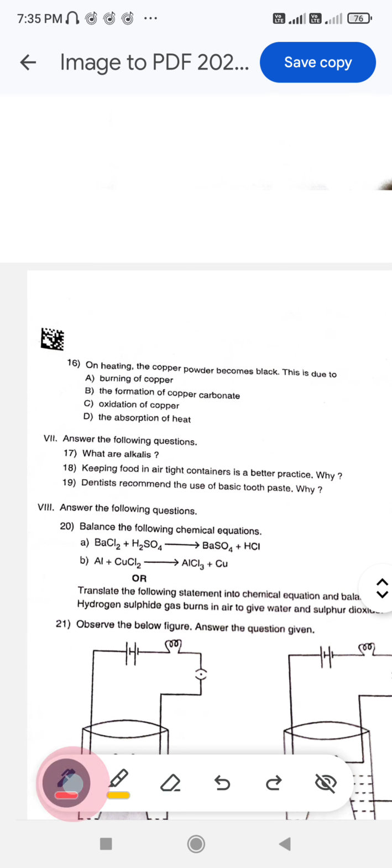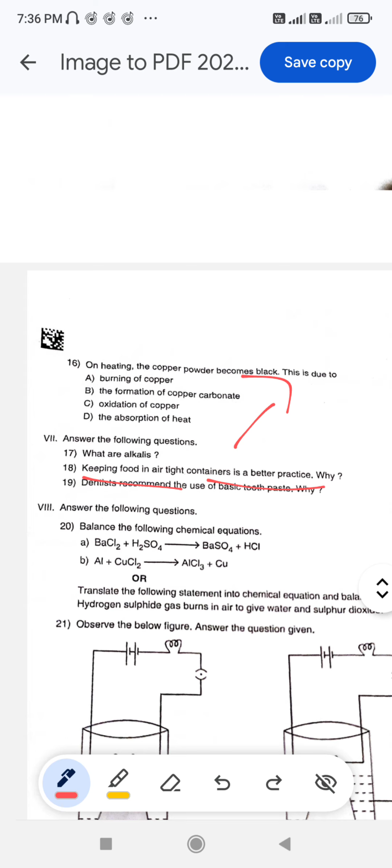Okay, next, the 18th question they are asking: keeping food in an airtight container is a better practice. Why? Why should we place food in an airtight container, they are asking. Because food will get oxidized in the presence of air, so when it oxidizes the food will spoil, its taste will change and the odor will change.